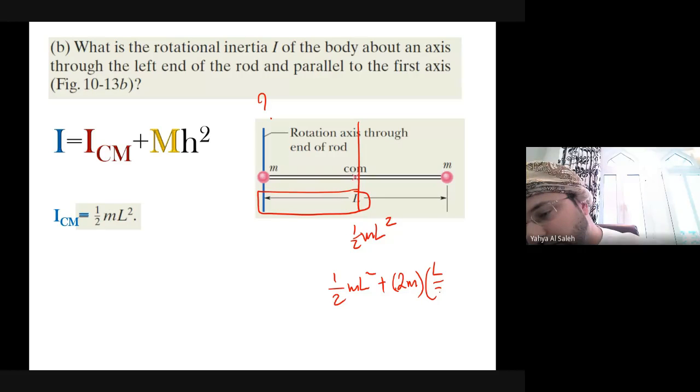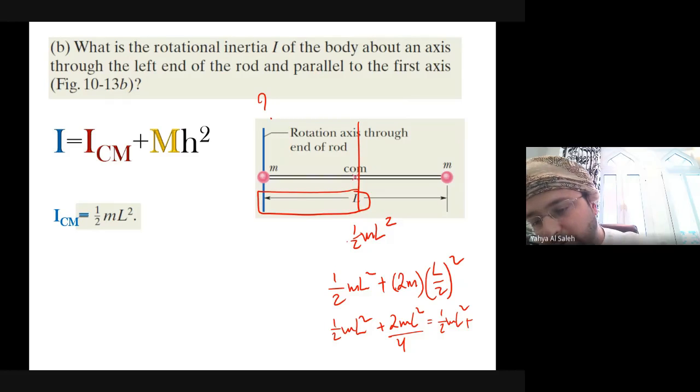So L over 2 squared. I get half ML squared plus 2M L squared over 4. So half ML squared plus half ML squared, which is simply equal to ML squared.